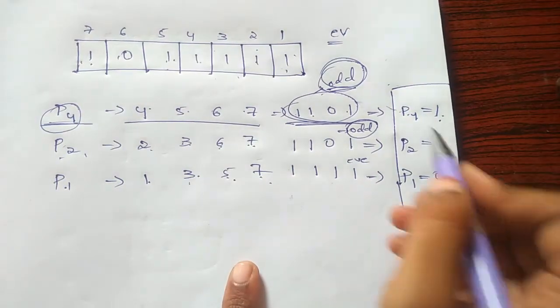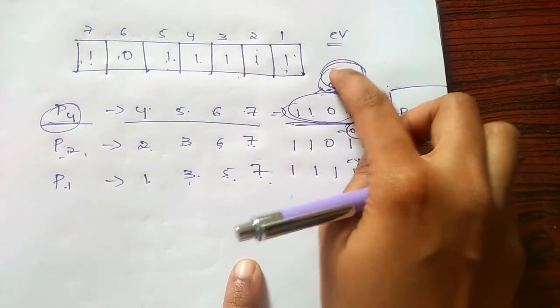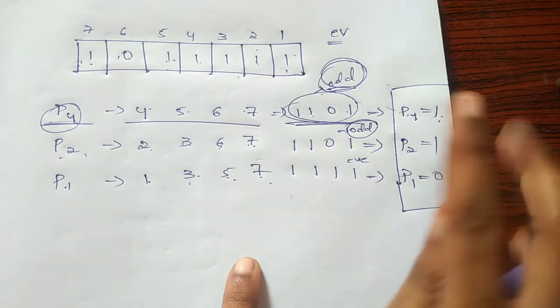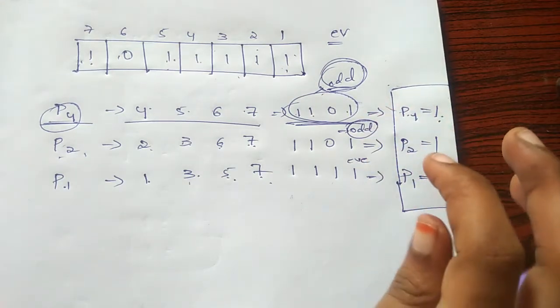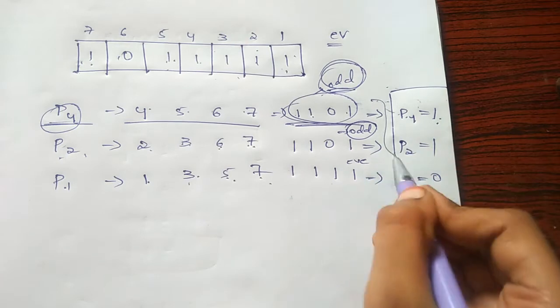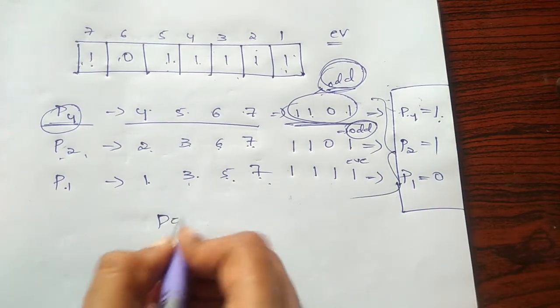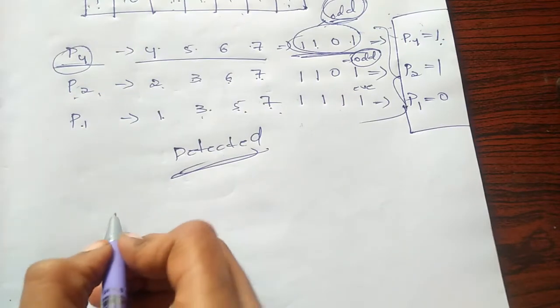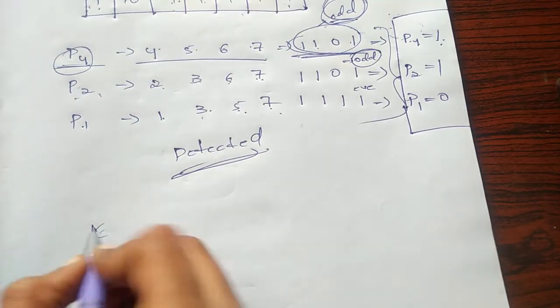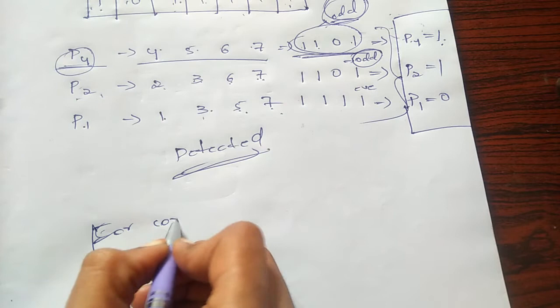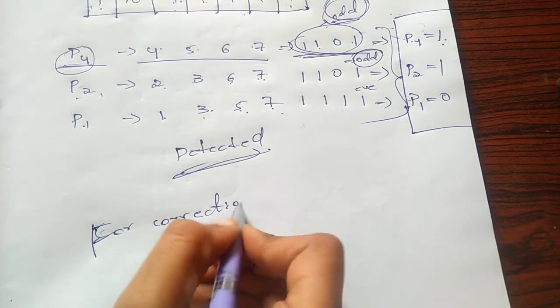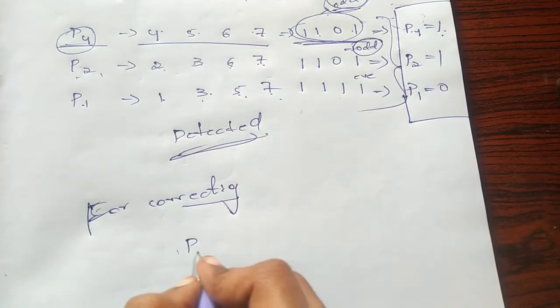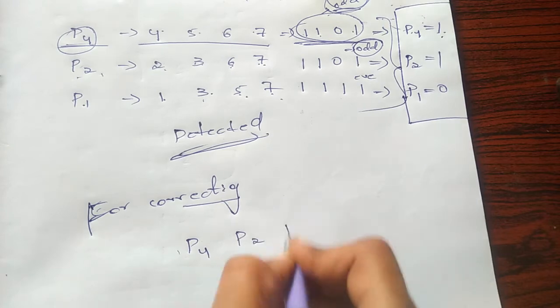So it is clear that with the even parity, we got an error. So we detected it in this way. Then how to correct it? For correcting, you have to put P4, P2 and P1.